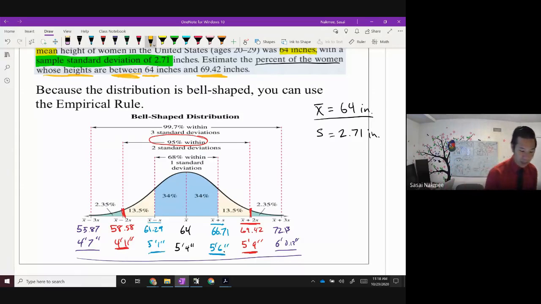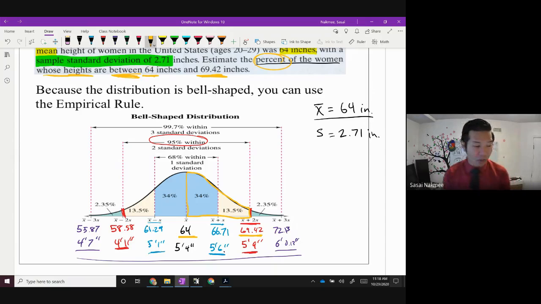Here's 64 inches, here's 69.42 inches, and I only care about the percent of women between that, from here to here. Like I said, you do not need to memorize these percentages. You just need to know how to calculate them.